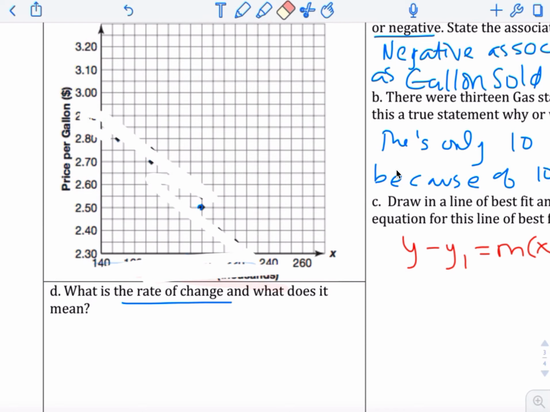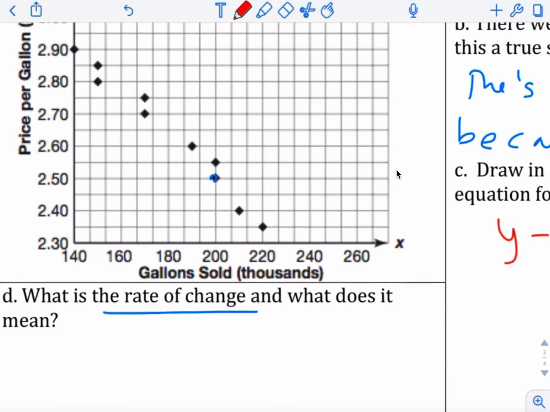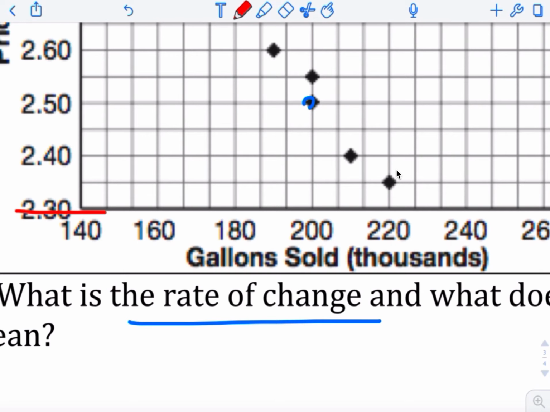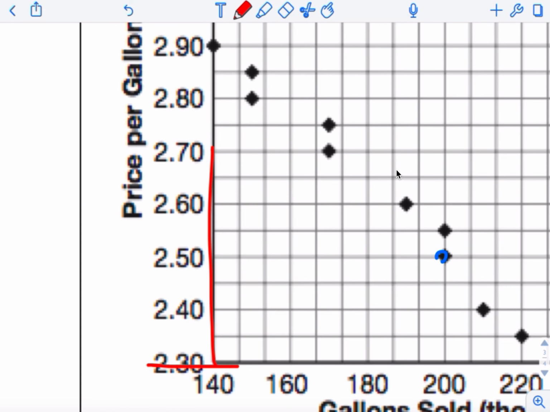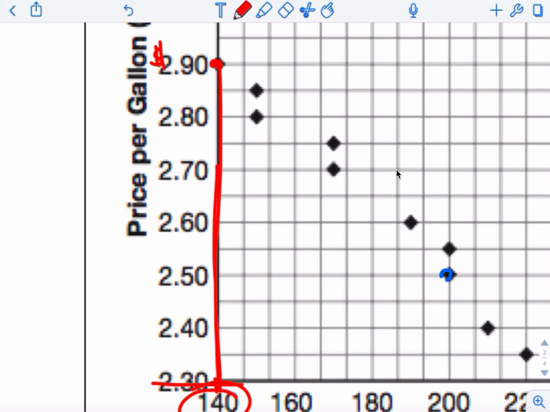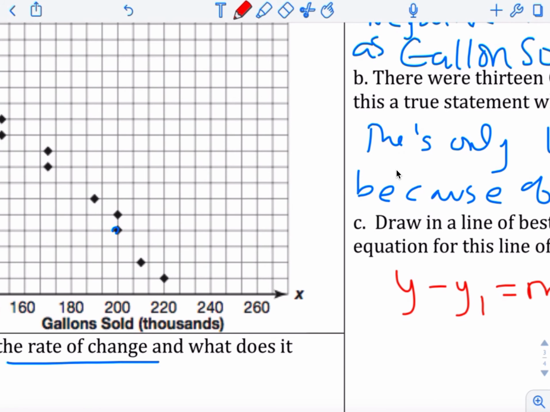So on Monday, when I give you a 0 and say go back, this does not start at 0. This price is not at 0 right here. Right here, that's at 140 and $2.90.